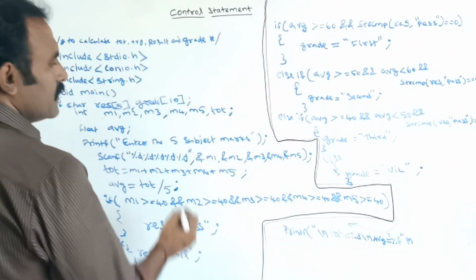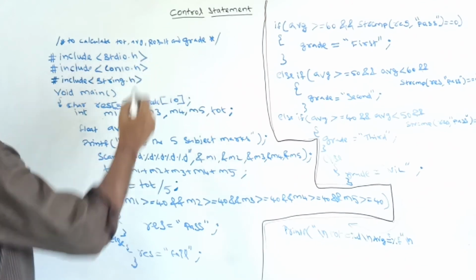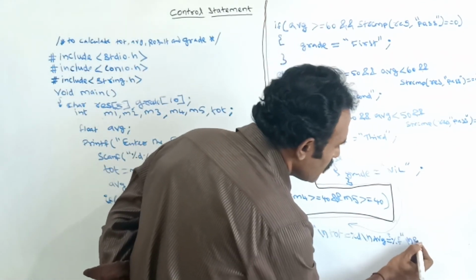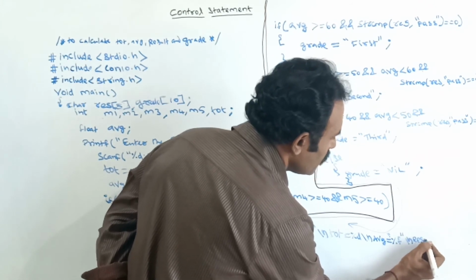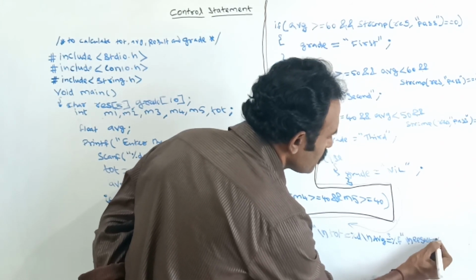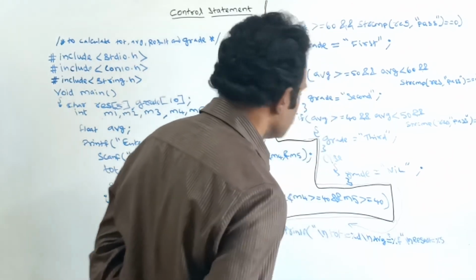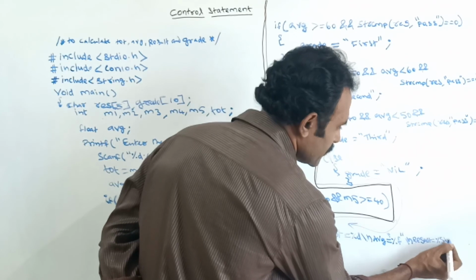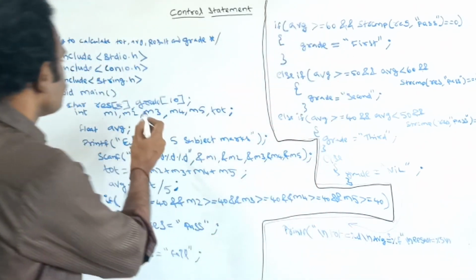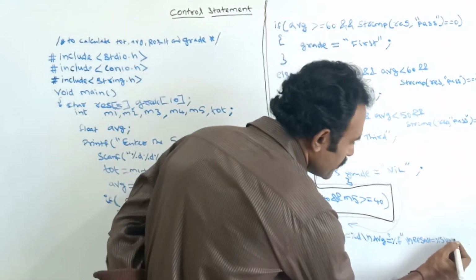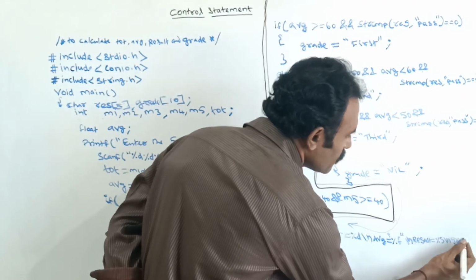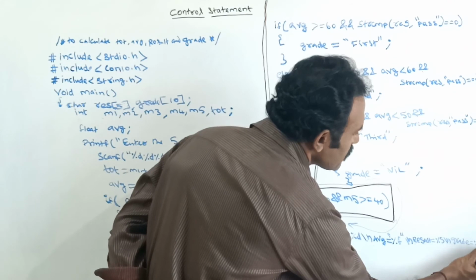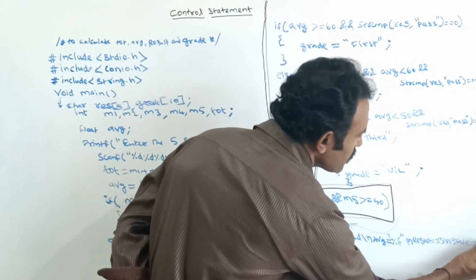After that result is equal to this one percentage s, because result is string data type. Next \n. After that grade. Grade is equal to this one percentage s, this also yes. Here I am closing this.